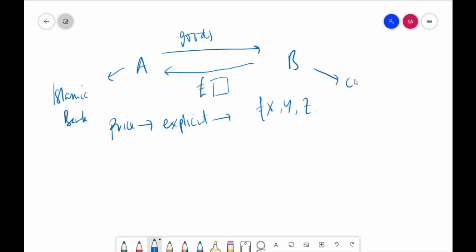And party B is often the client, the retail customer of the bank. So the bank will sell certain goods and will ask for a price. And this price will make reference to LIBOR, or KLIBOR, or whatever reference interest rate, such as an overnight policy rate, but it'll make a reference to LIBOR.